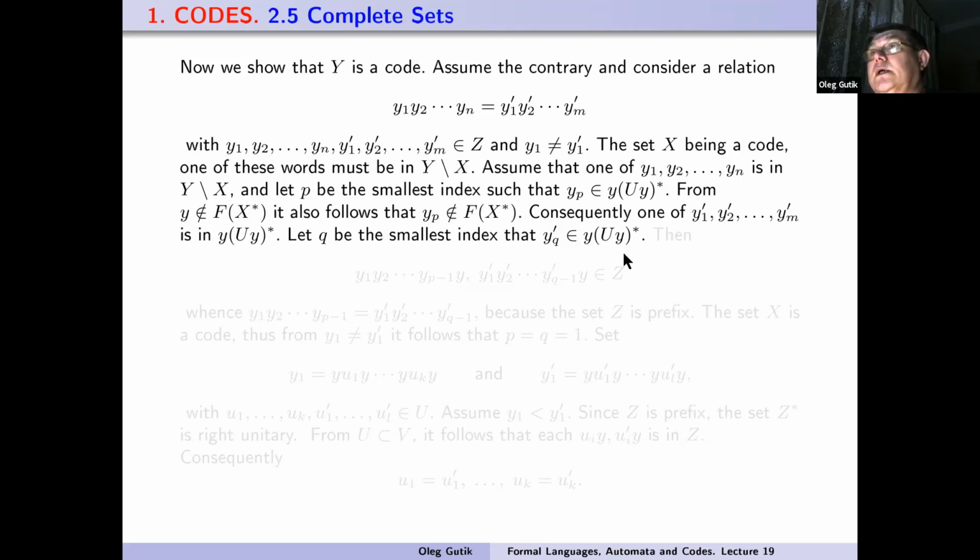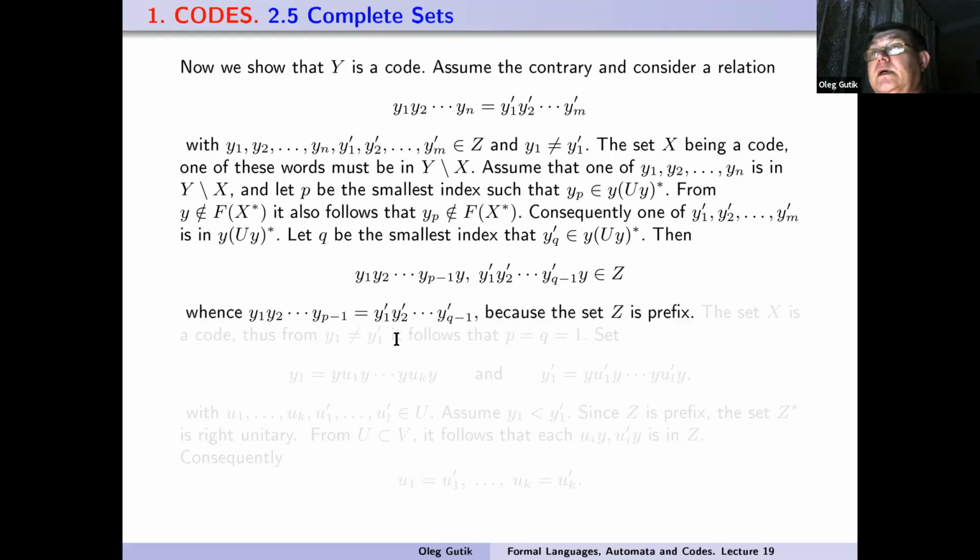Then we have that y1, y2, and so on, y_{p-1}, y, and y prime 1, y prime 2, and so on, y prime q minus 1, y belong to the set Z capital.